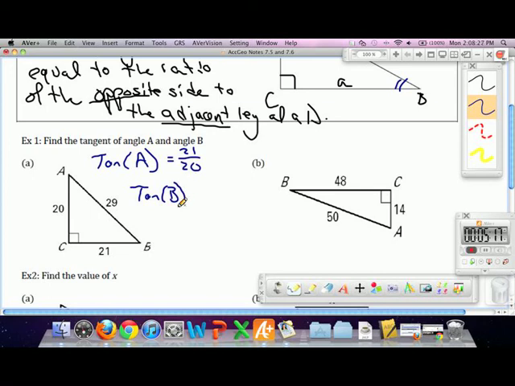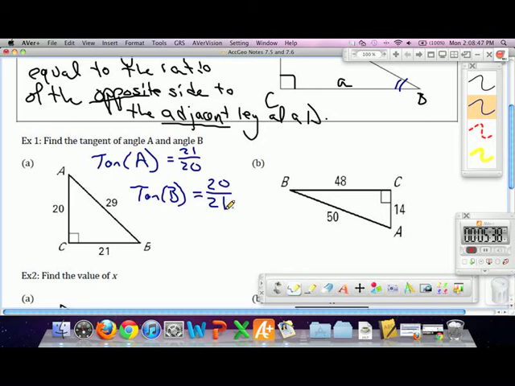What's the tangent of angle B? That'd be the two tangents.